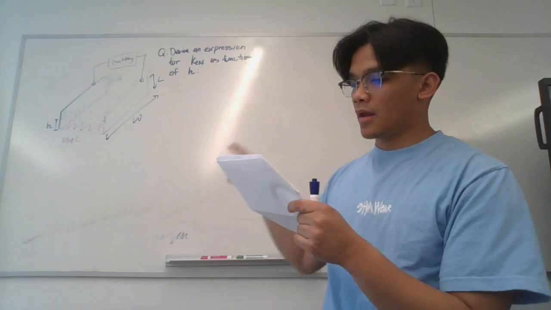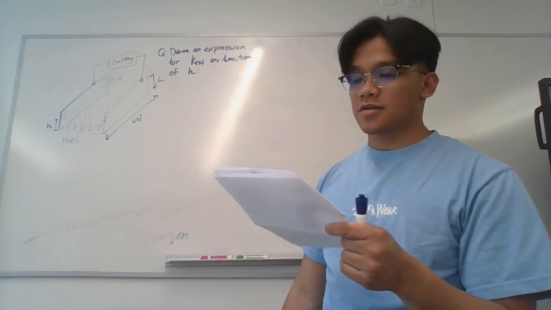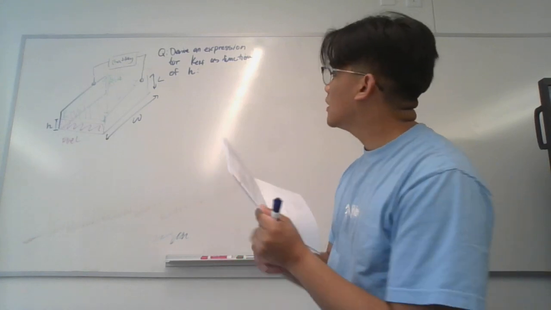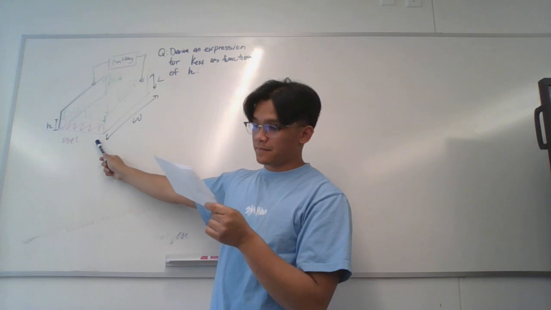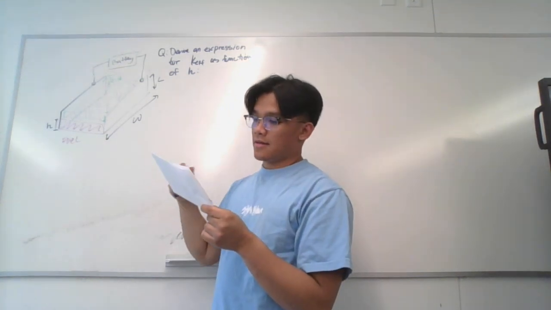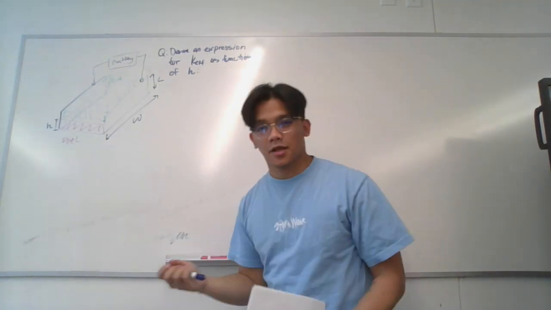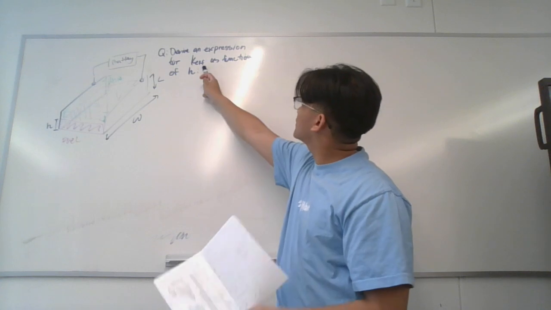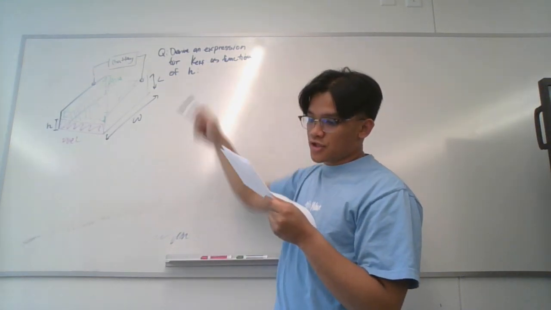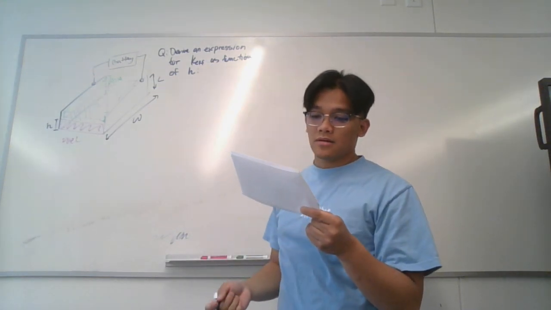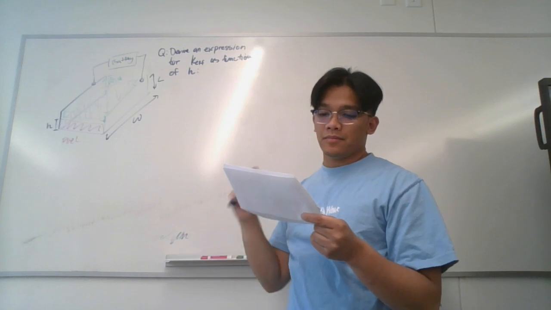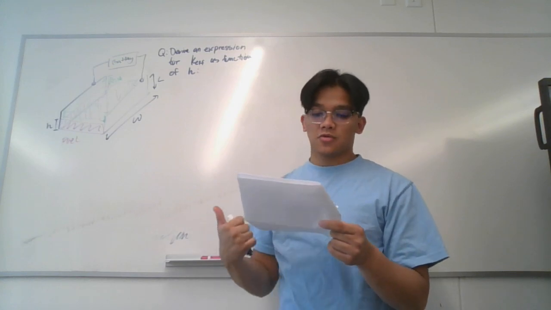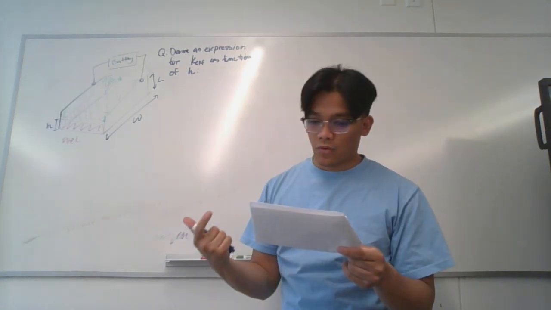Basically, it says a fuel gauge uses a capacitor to determine the height of the fuel in a tank, and the effective dielectric constant, K effective, changes from a value of 1 when the tank is empty to a value of K when the tank is full.